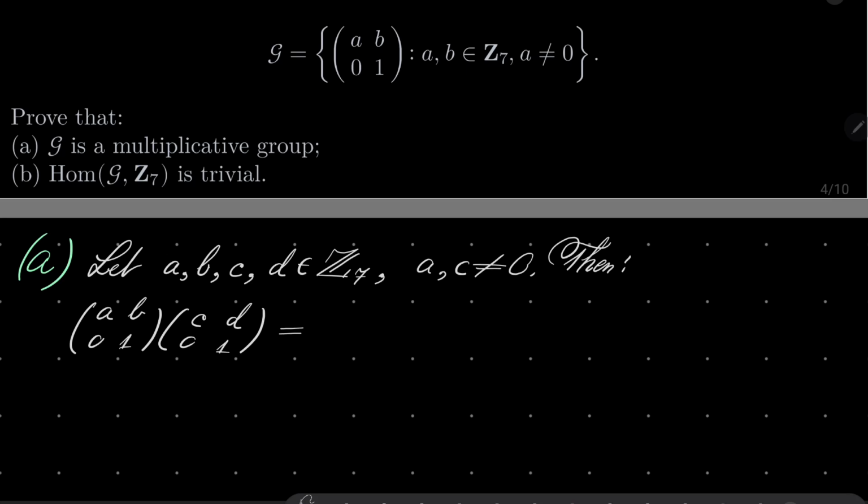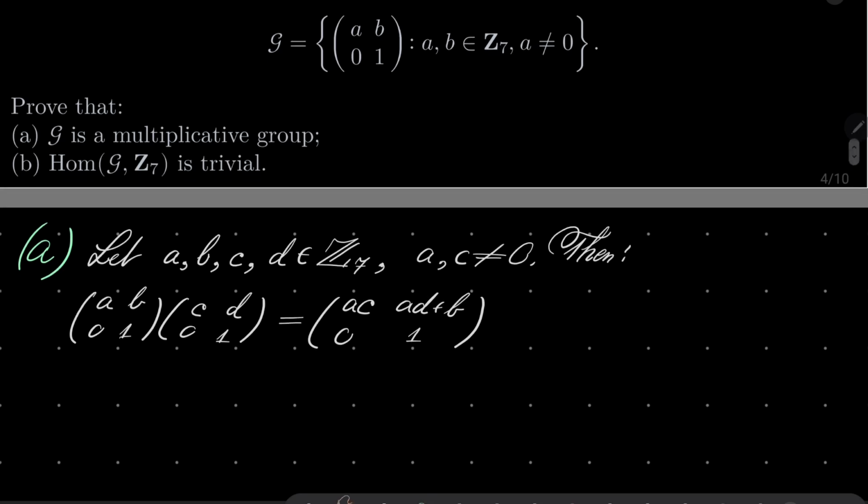After multiplication, we will have AC, AD plus B, and here is 0, 1. Clearly, this is in our set G, because if we multiply two non-zero elements of a field, this is again not 0. So this is again in G.